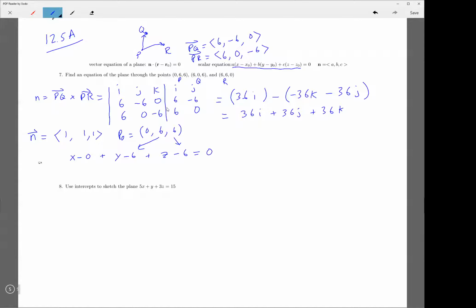Okay, so once again, what this represents is if you have another point, so let's say these are in a plane. The normal vector is going to be like that. And if you have any other point x, y, z in the plane, where p, q, and r live, then the vector from here to that point x, y, z is going to be orthogonal to the normal vector.